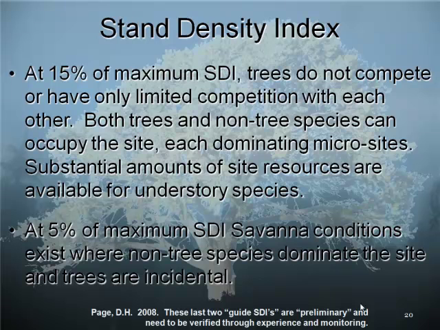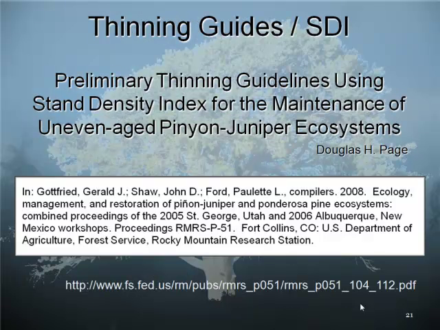At 5% of max SDI, we're looking at more of a savanna type condition. So there's reference there. This is kind of outlined in a little publication I did, part of a proceedings that was published in 2008.